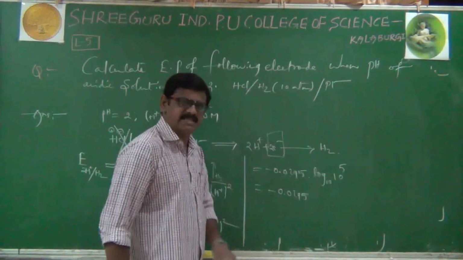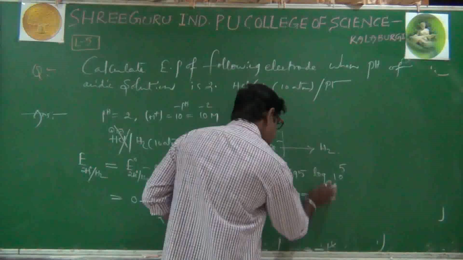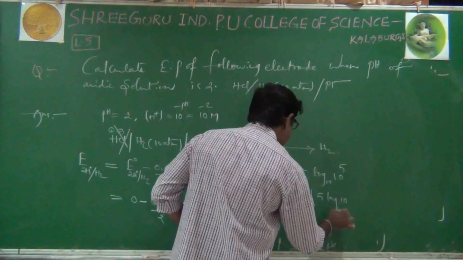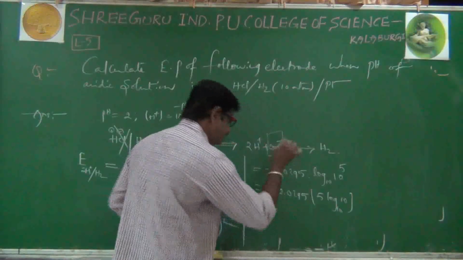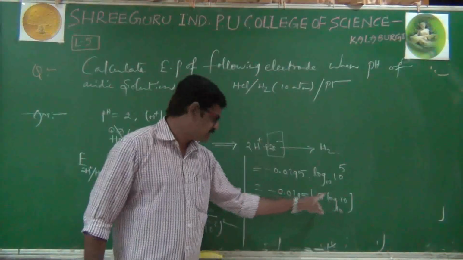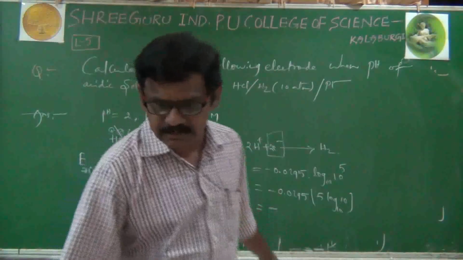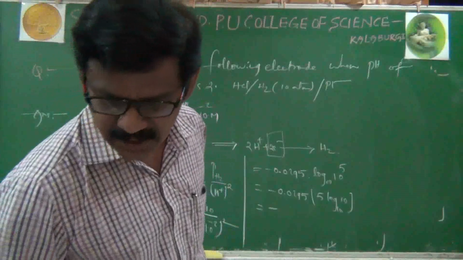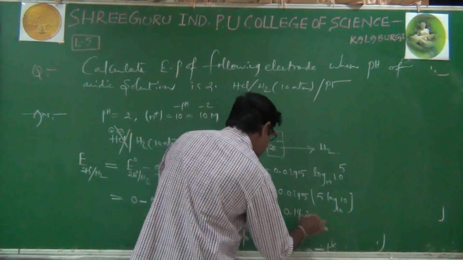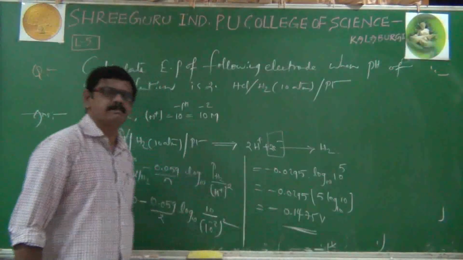Log m to the power of n is nothing but n log m. That is nothing but, we will write here, n value 5, log 10 base 10, which is of course 1. 5 into 1 is 5. 5 into this value, if you multiply these two values, the obtained value is minus 0.1475 volts. Minus remains as it is.